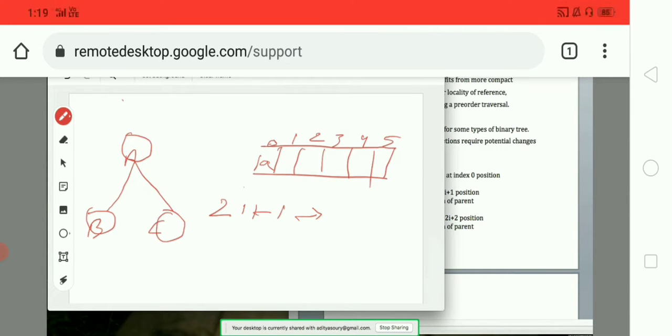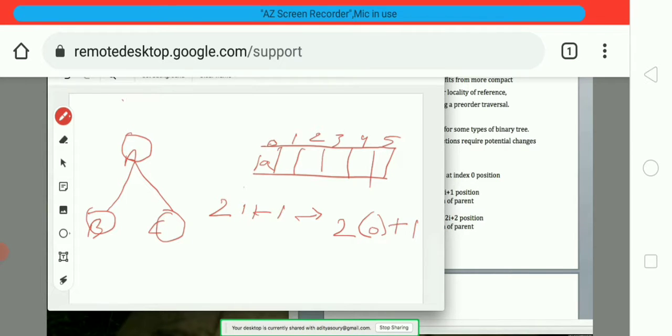That means 2 into, here parent position is 0, plus 1. That means 2 into 0 plus 1, so that means 0 plus 1. So the left child will be placed in 1st position.